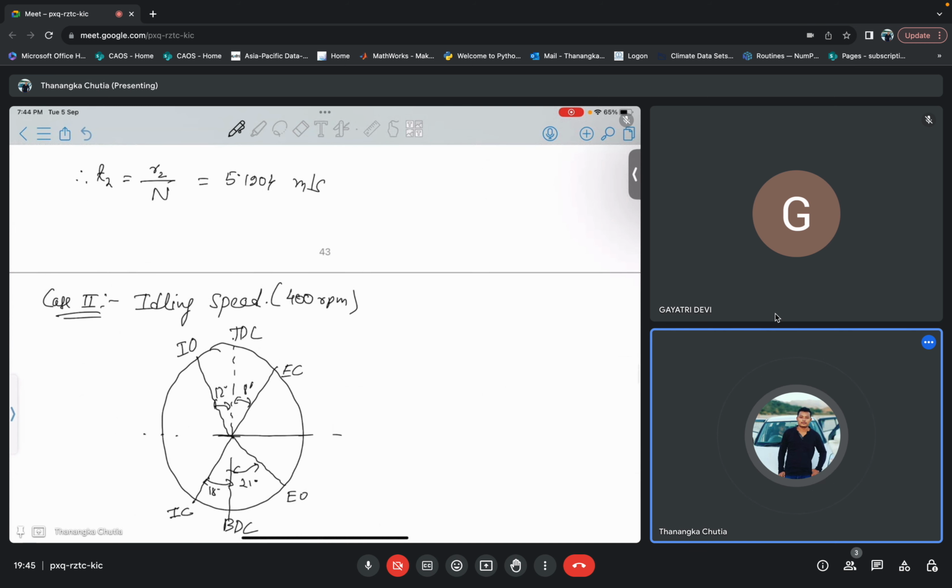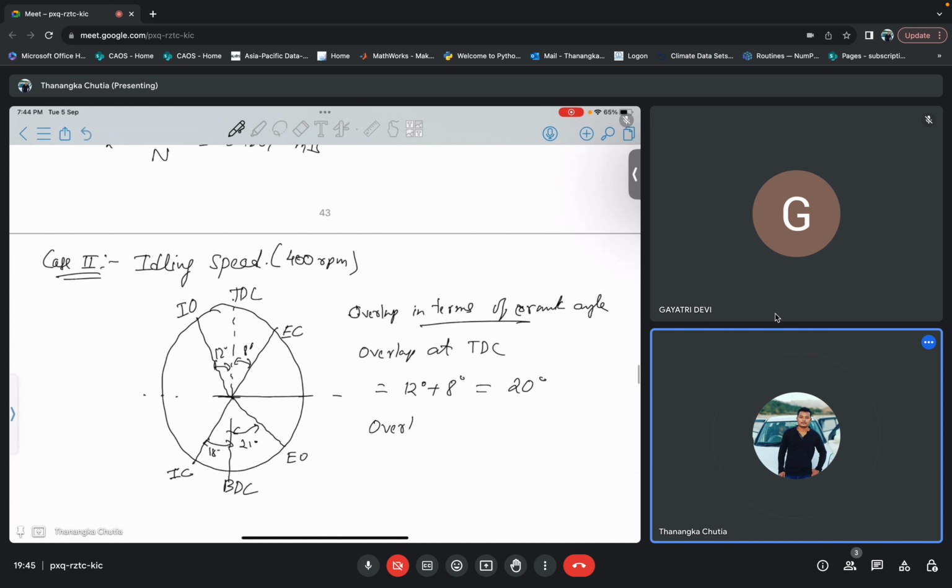Therefore overlap in terms of crank angle: overlap at TDC is 12 degree plus 8 degree, that is 20 degree, and overlap at BDC is 18 degree plus 21 degree, which equals 39 degree.